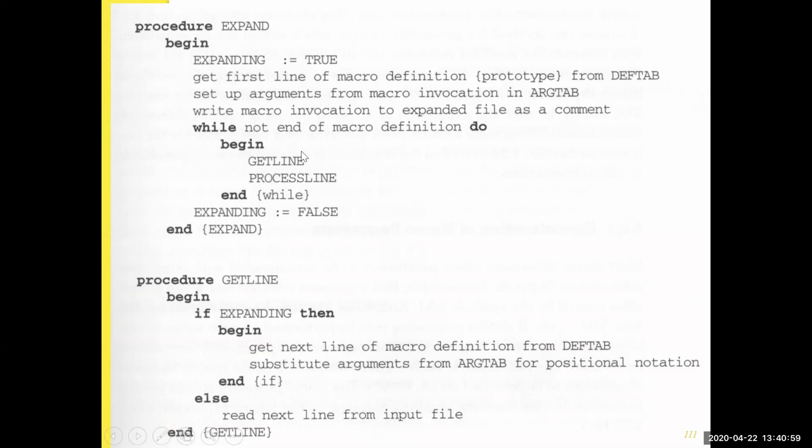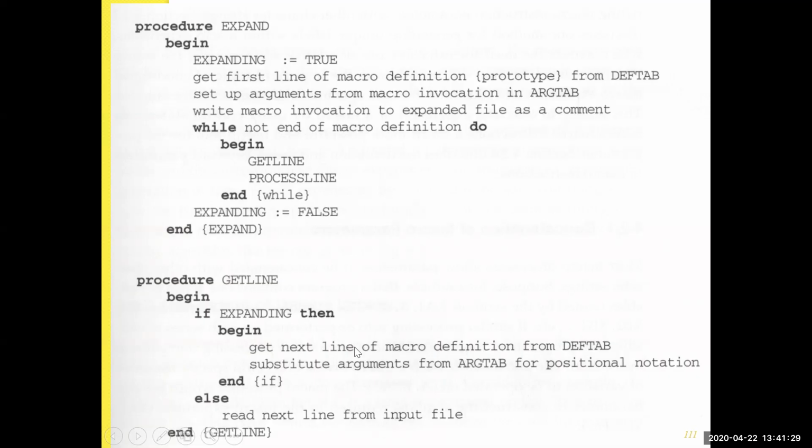One important aspect with respect to the use of the GETLINE procedure within the procedure EXPAND is that whenever GETLINE is called within EXPAND, EXPANDING would be set to true. So at this point, the line would be read from the definition table, and for every line that is fetched, if there is a positional notation, it would be replaced with arguments that are set up in the argument table by the procedure EXPAND.